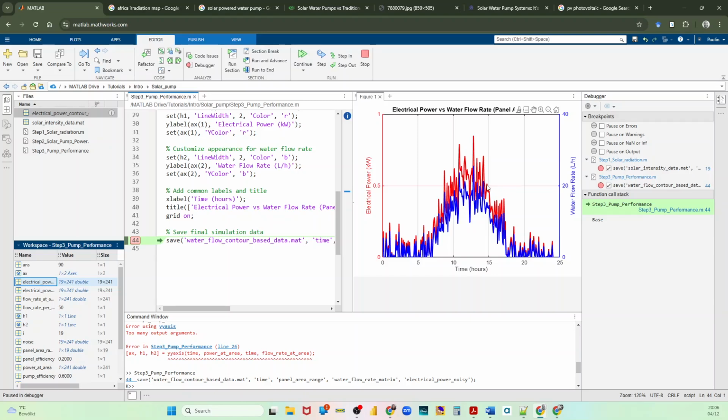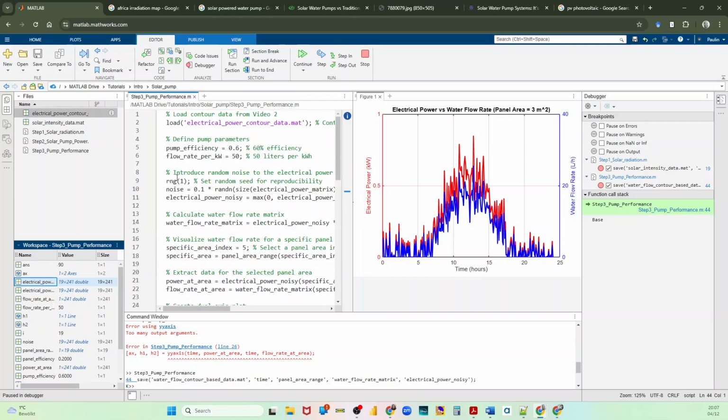You will not always get the same flow rate for the same power because of the noise and the uncertainty that goes with the efficiency of your motor and of your pump. And this is predicted, or this is assumed, by using random noise which embeds uncertainty.